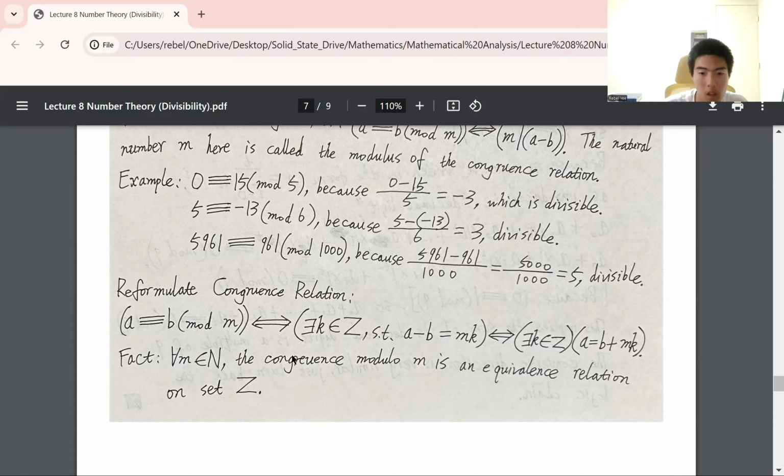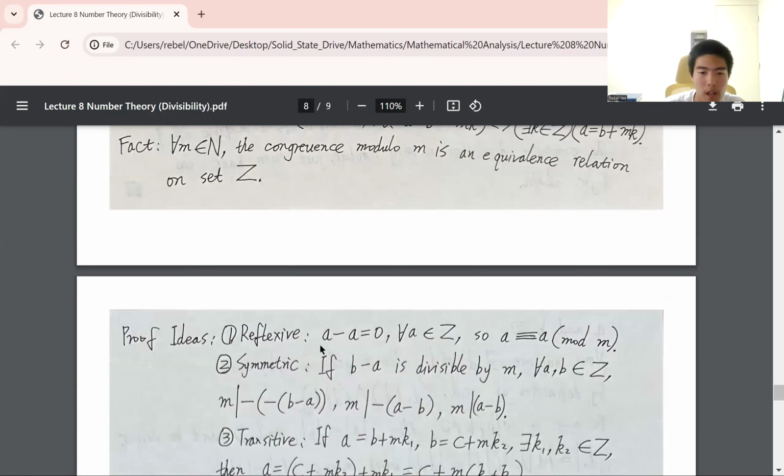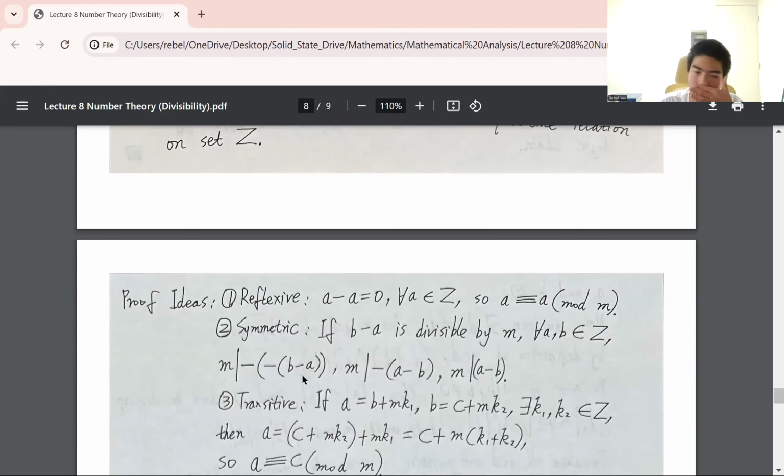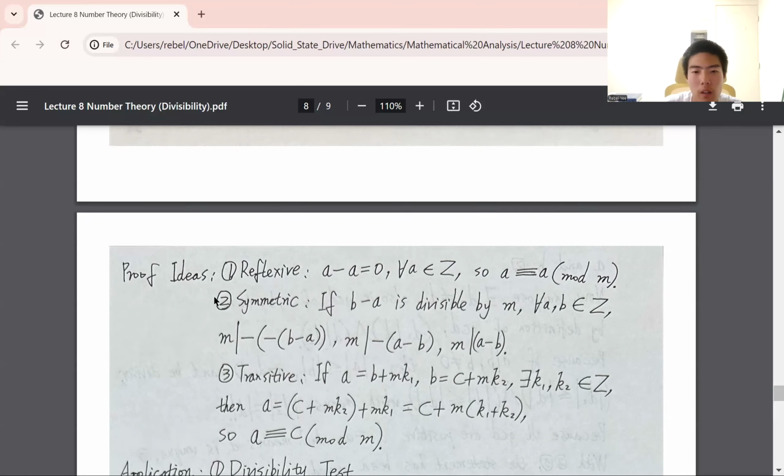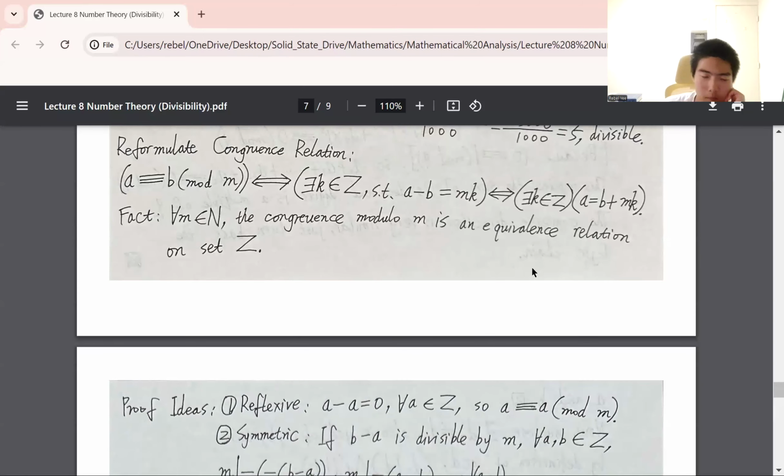We need to prove three things: reflexive, symmetric, and transitive. The proof ideas are written here, just some basic ideas. It's not very serious, so you can look at it later. But congruence modulo n is always an equivalence relation for all n.